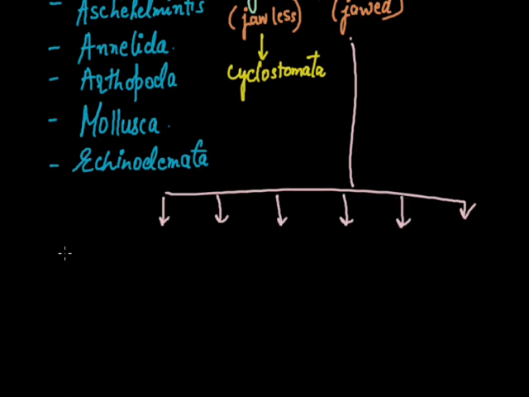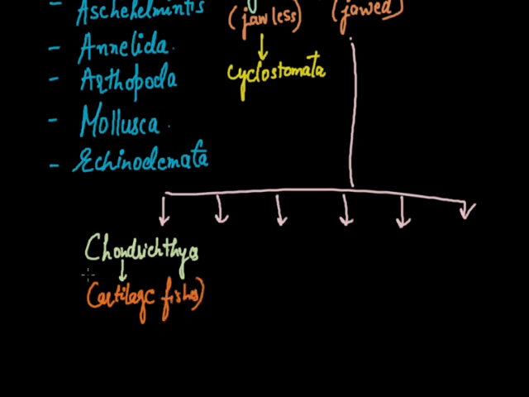The first one is Chondrichthyes. These are cartilage-bearing fishes. The next is Osteichthyes. These are bony fishes. The body is made up of bones.